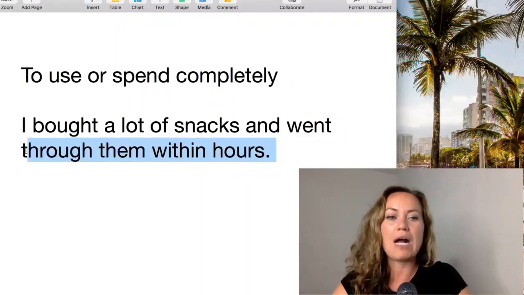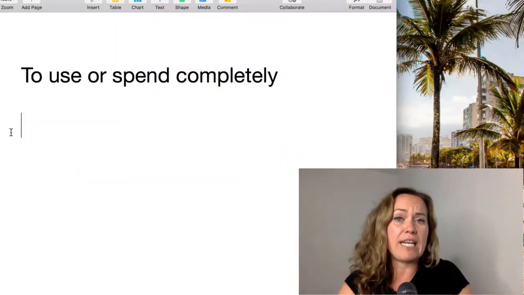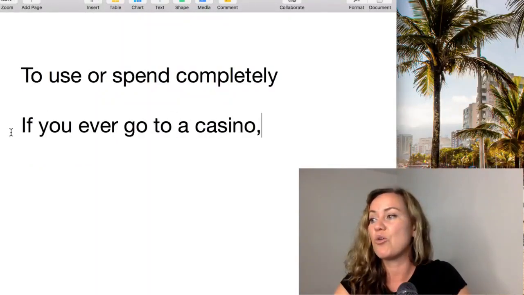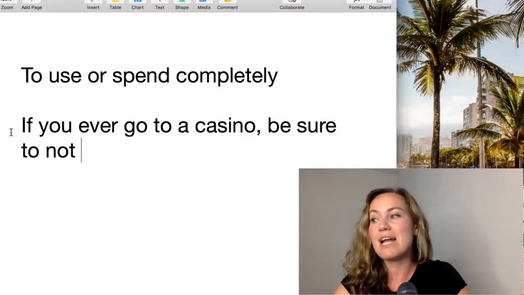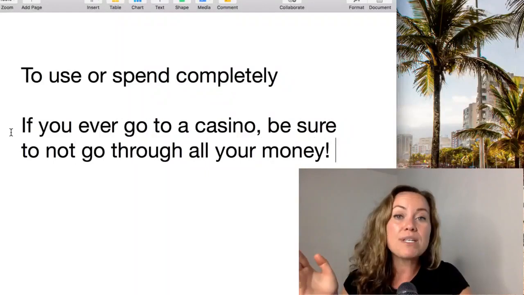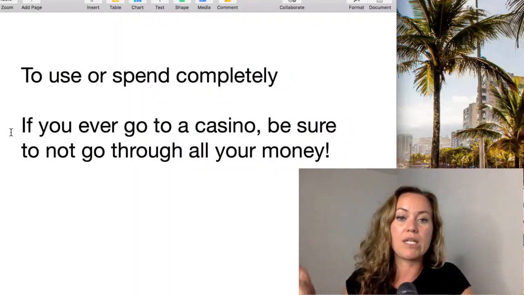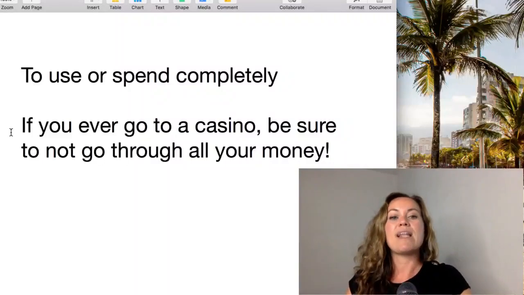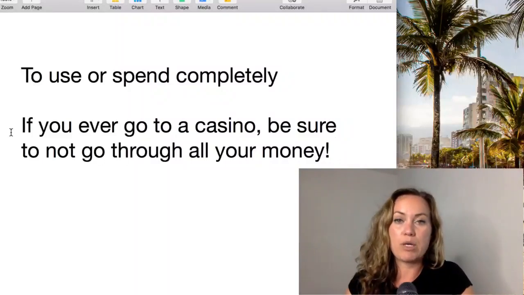A road trip is when you drive somewhere, when you go on vacation, driving to that place. If you ever go to a casino, be sure to not go through all your money. Notice also, this is super important, with the phrasal verb to go through, we never separate the verb and the preposition.